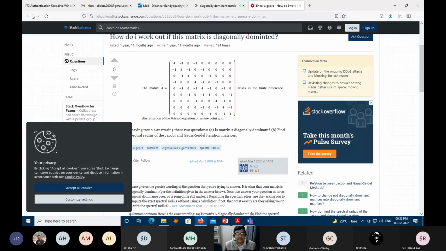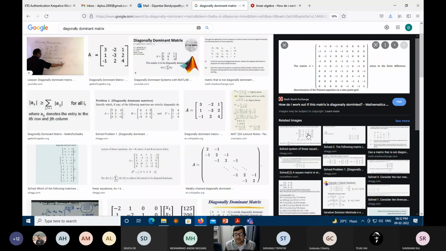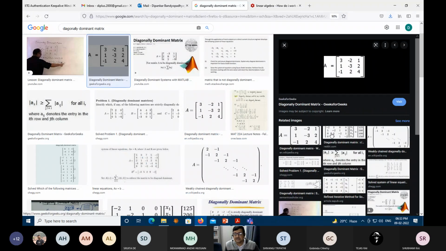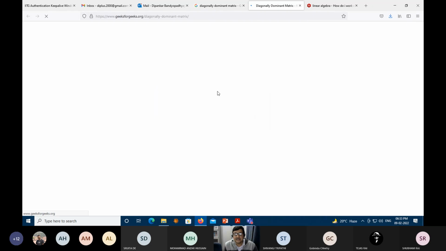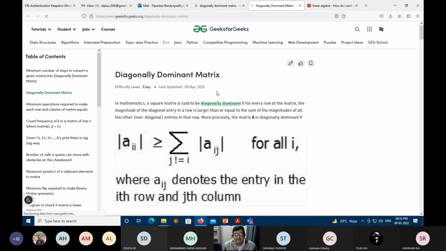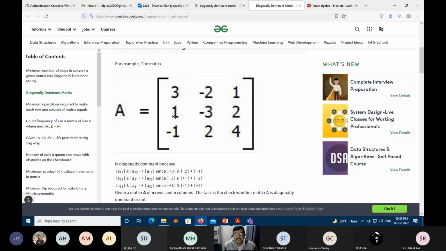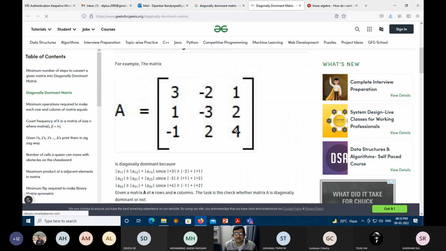But the previous example that I had given, say suppose this one, can you decide just looking at this whether it is diagonally dominant or not? Most of the times you will be able to say, suppose this is 3, minus 3, 4, you may say yes, this is a diagonally dominant matrix.